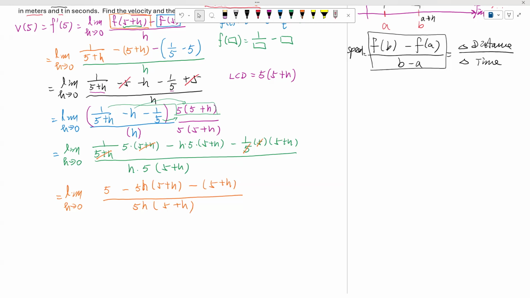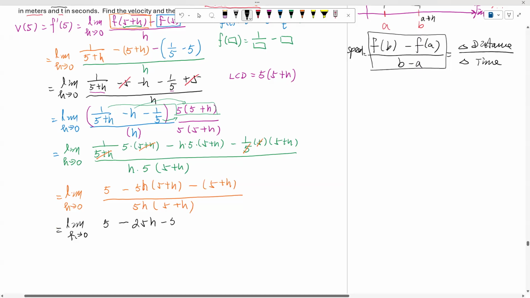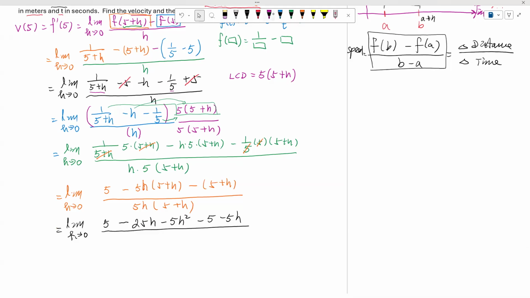Let's take care of the parentheses. So this one would be 25h minus 5h squared minus 5 minus 5h. My bad. It should be minus 5 minus h.